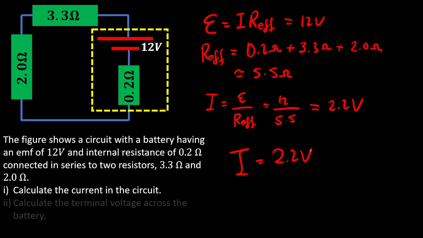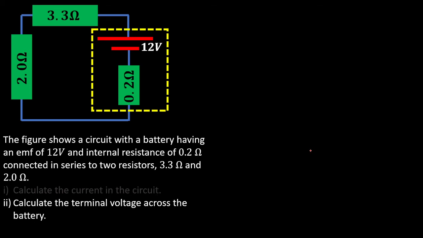The next question. Calculate the terminal voltage. Terminal voltage means the voltage outside. So this is the positive terminal and this is the negative terminal across the battery. If you look within here, there is a voltage drop across the internal resistance.